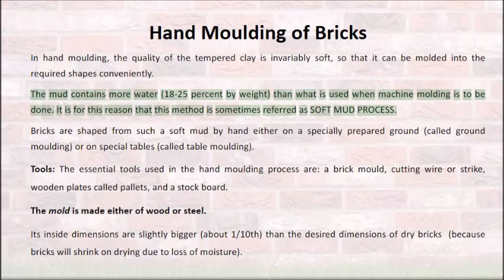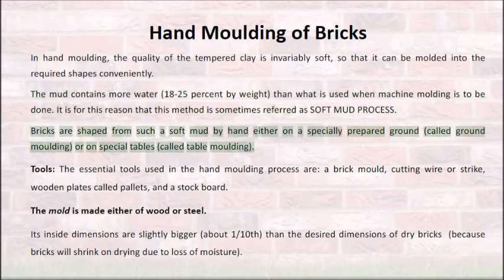It is for this reason that this method is sometimes referred to as the soft mud process. Bricks are shaped from such soft mud by hand either on a specially prepared ground, called ground moulding, or on special tables, called table moulding.